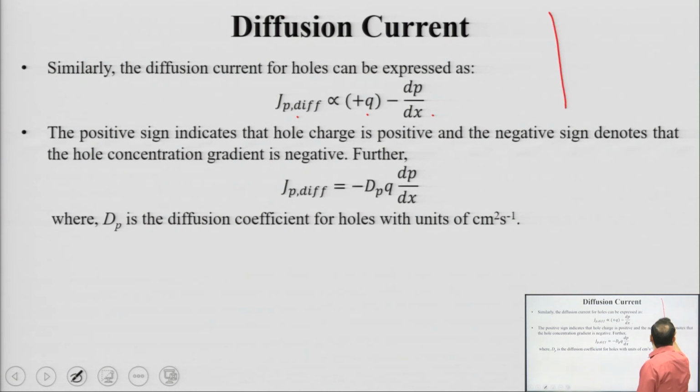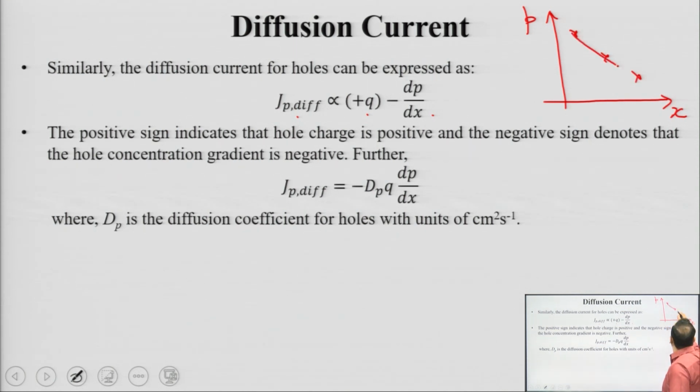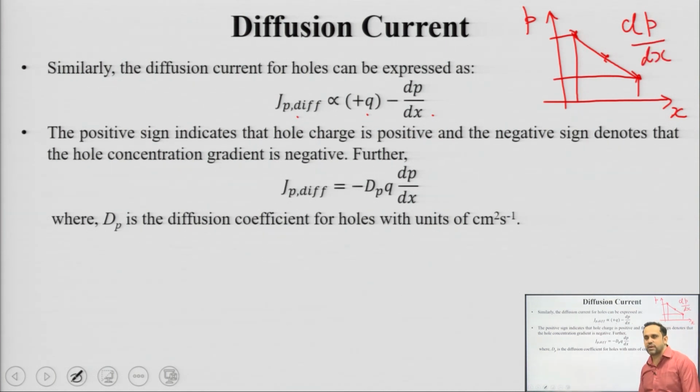So, if I plot the hole concentration with respect to distance, holes are going to move from a region of higher concentration to a region of lower concentration. Okay. This slope which you are seeing here, dP over dx, is always negative. Okay. So, always remember, whenever we are talking about diffusion currents, we want a concentration gradient, and this gradient is always negative. Okay.